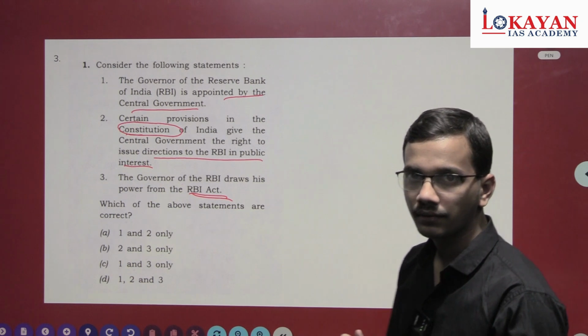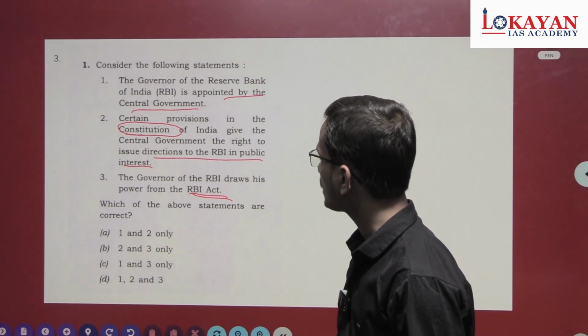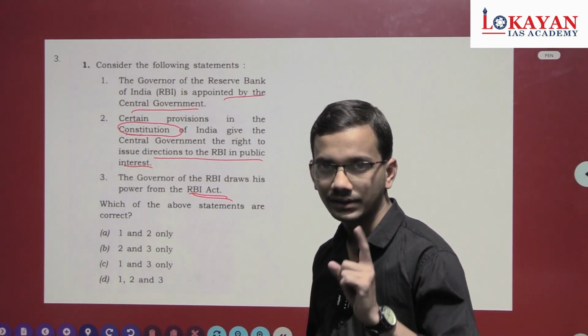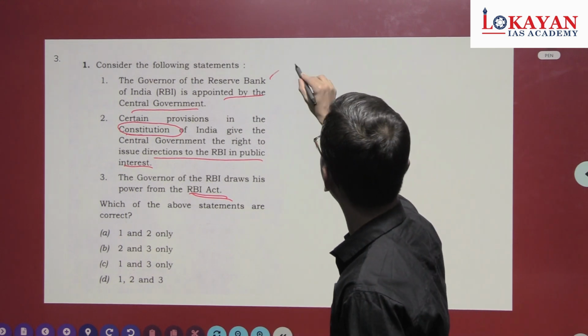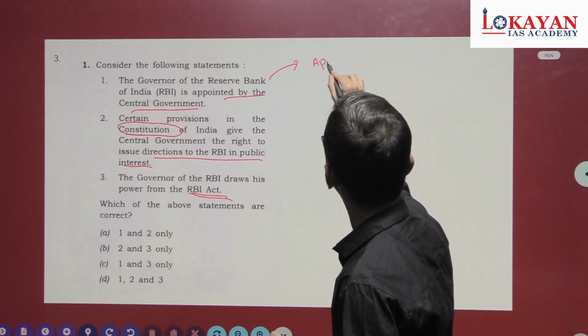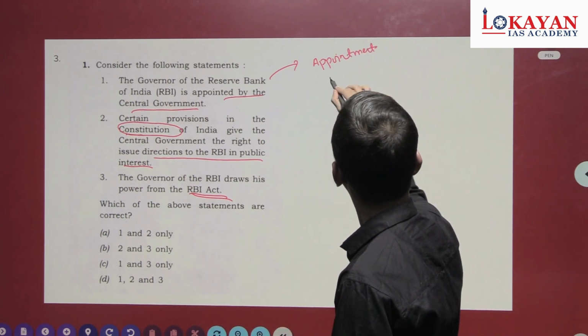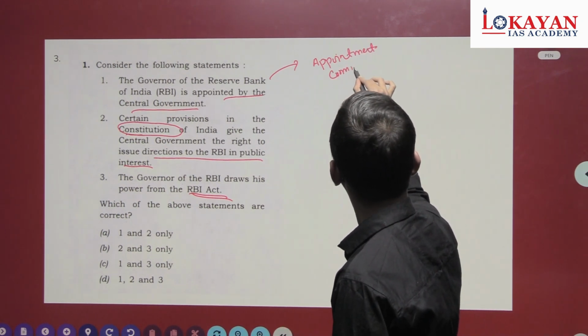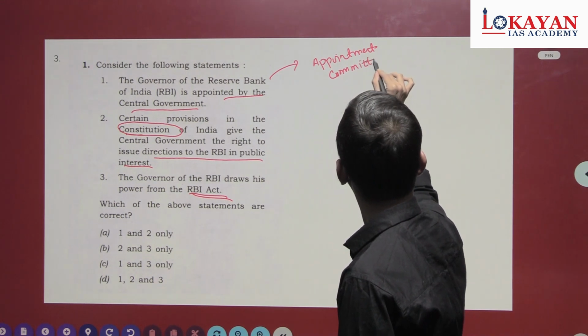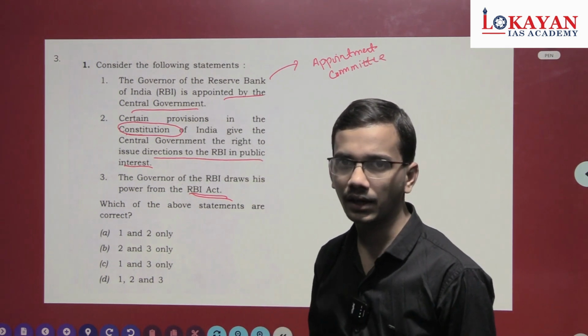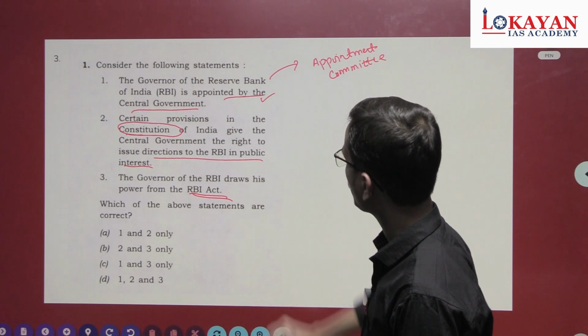First statement, Reserve Bank governor is appointed by central government. It's correct because governor is appointed by appointment committee, which is obviously part of central government. First statement is correct.